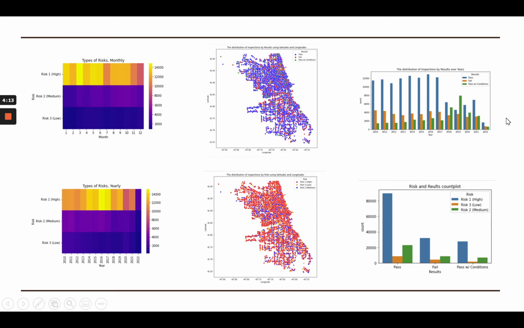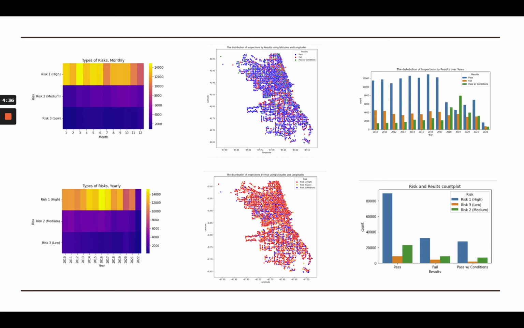Then comparing results count year by year from 2010 to 2022, most of the data is pass, but eventually it decreased and pass with conditions increased, particularly in 2018, 19, 20.